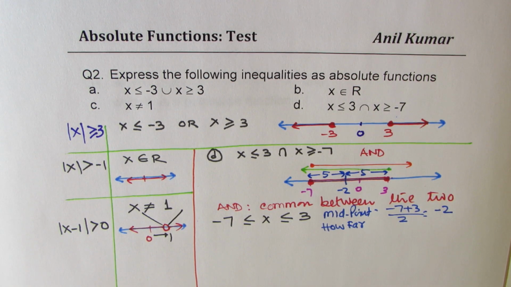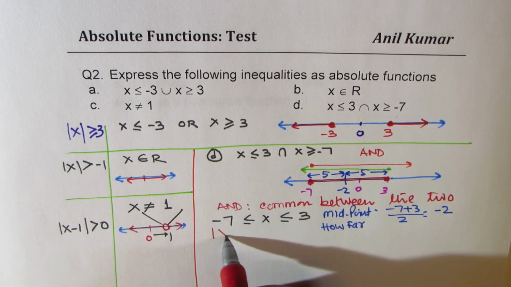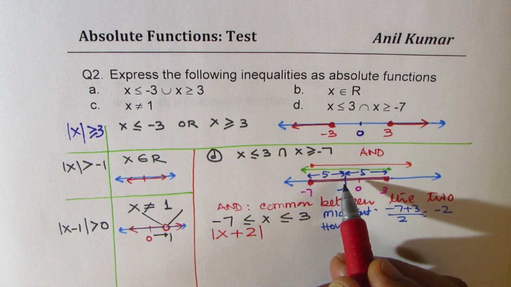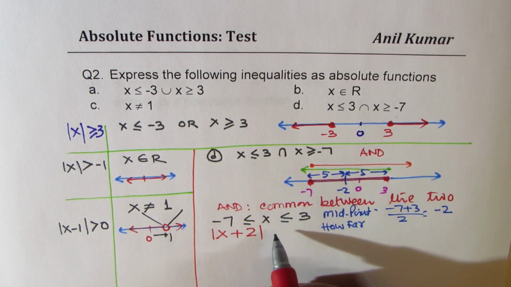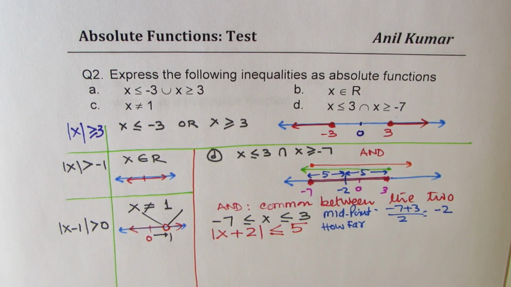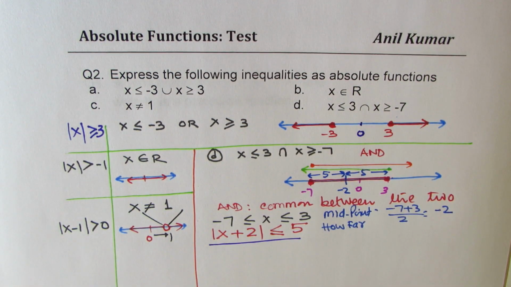And the solution is what? You move to minus 2, that means the absolute value of x plus 2. That means you're moving to this, and it should be within 5 units, that means less than or equal to 5. Do you get the idea? So this is the solution for part D. Correct? So that's how we solve.